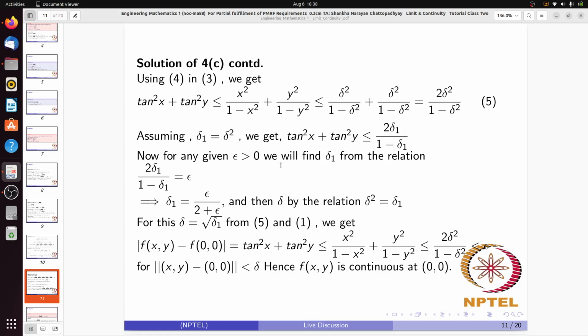Remember, though it is not in your syllabus, for the sake of convenience I am telling you that if you have a function f(x,y,z) in 3D, then this open ball, this Euclidean distance, generalizes to the square root of (x1 minus x0) whole square plus (y1 minus y0) whole square plus (z1 minus z0) whole square. It is just a basic generalization.